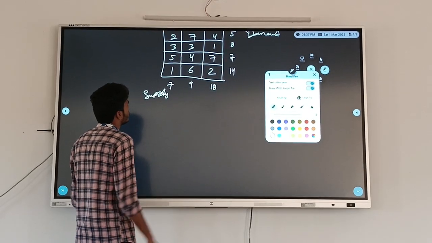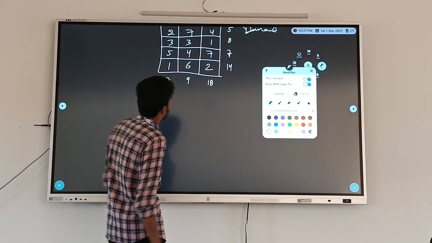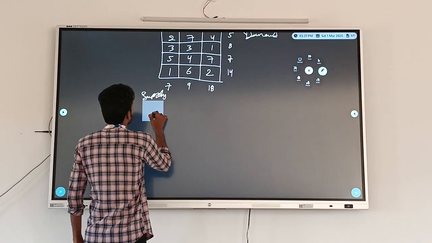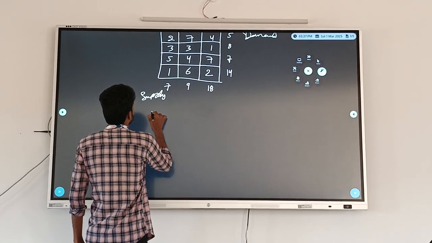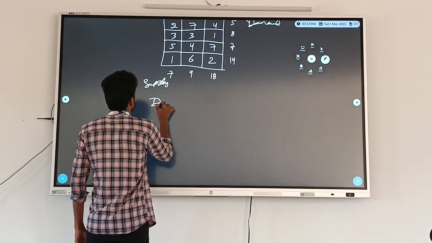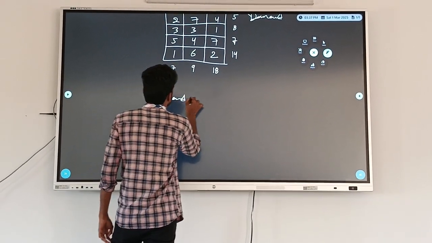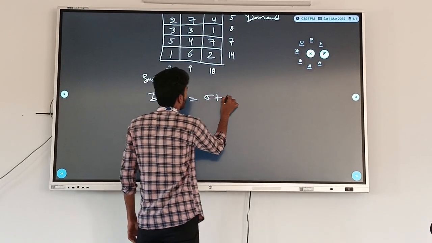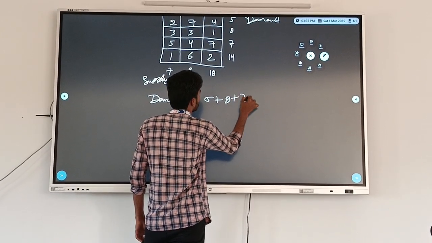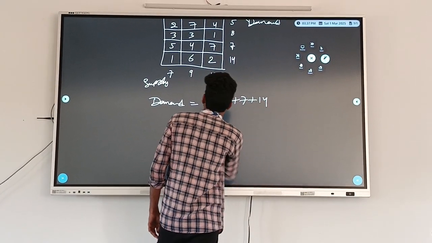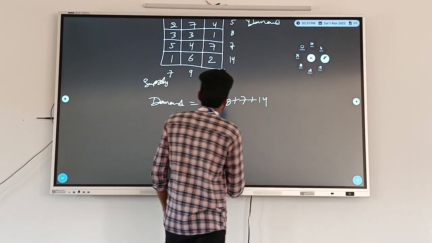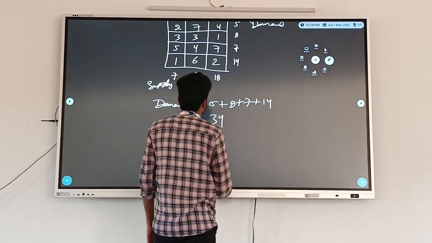First you have to find the demand values. Equal to 34.